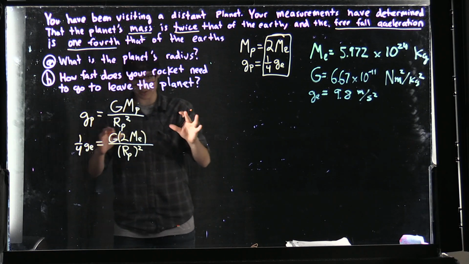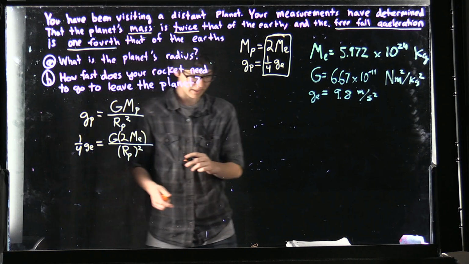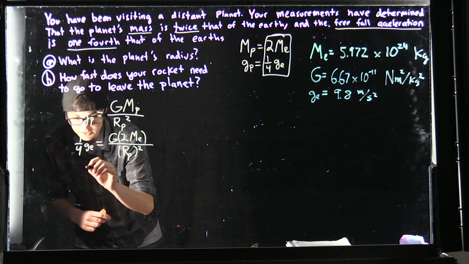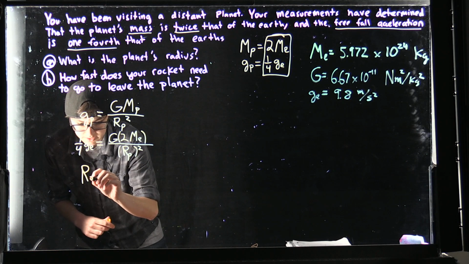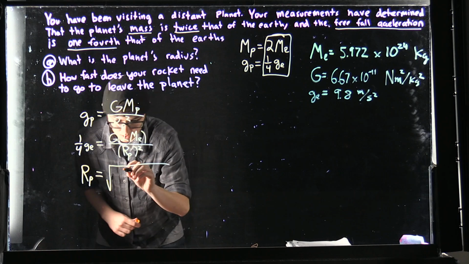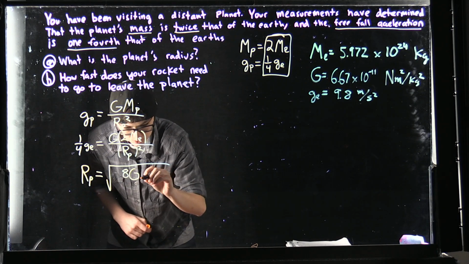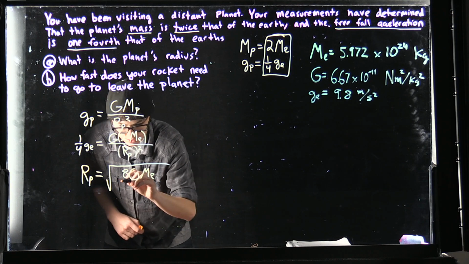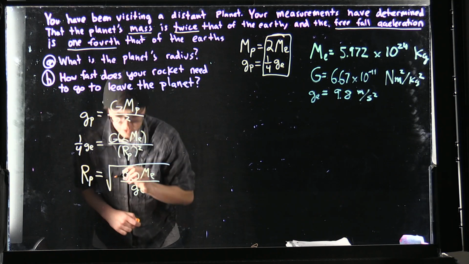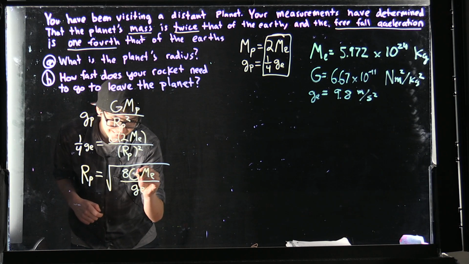And we just plug numbers in from here. Though if we want to make it a little simpler and get the radius of the planet on one side of the equation, we can do that with some algebra. It's not too hard to figure out, which gives us this equation. The radius of the planet is equal to the square root of 8 times the gravitational constant times the mass of the Earth divided by the gravitational acceleration of the Earth.